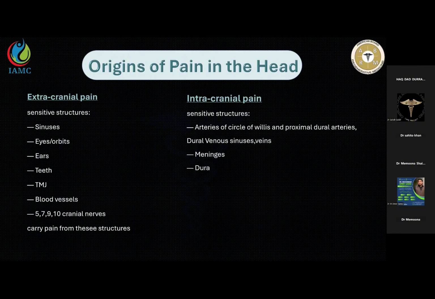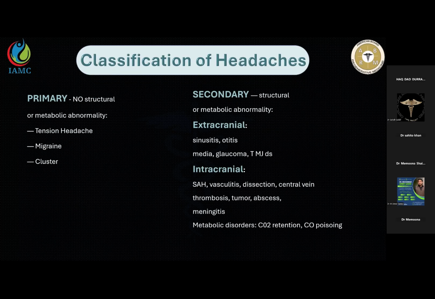The primary headache includes tension headache, migraine, cluster headache, and there are many others. Secondary headache, which is due to some structural damage or metabolic abnormality, comes in extracranial and intracranial, as we discussed in the previous slide.